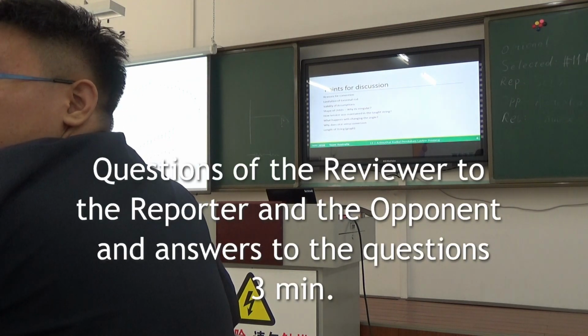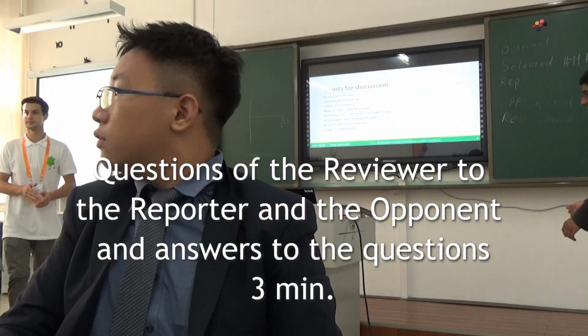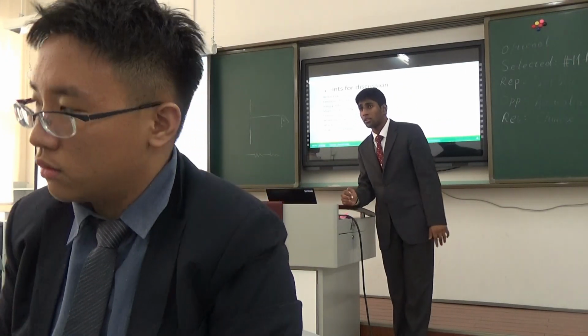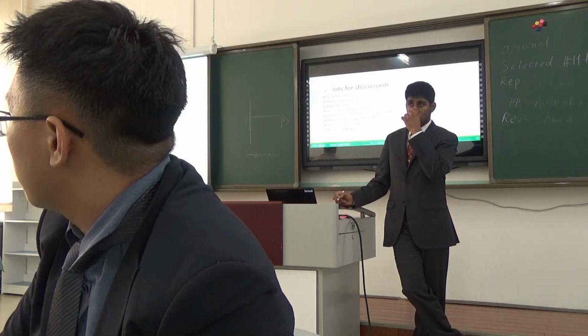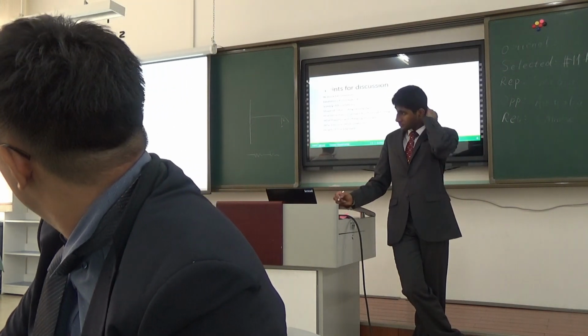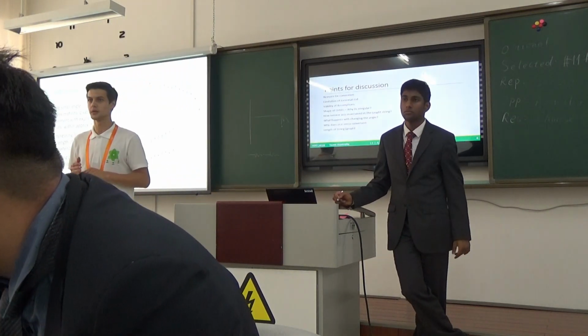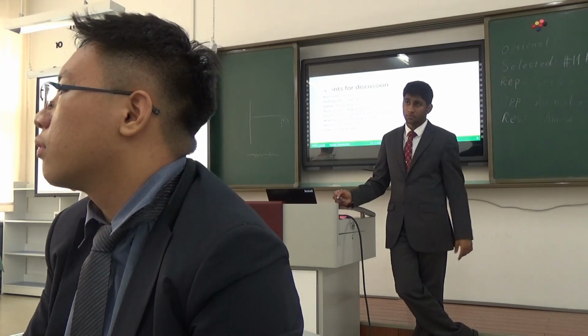Okay, so the first question is for the reporter. How did you define radial and azimuthal? Because at what point is it azimuthal and at what point is it radial? How did I define radial and azimuthal displacements, or axis?